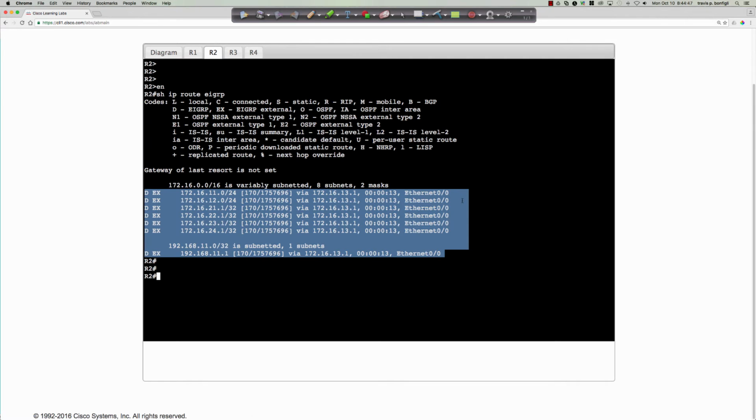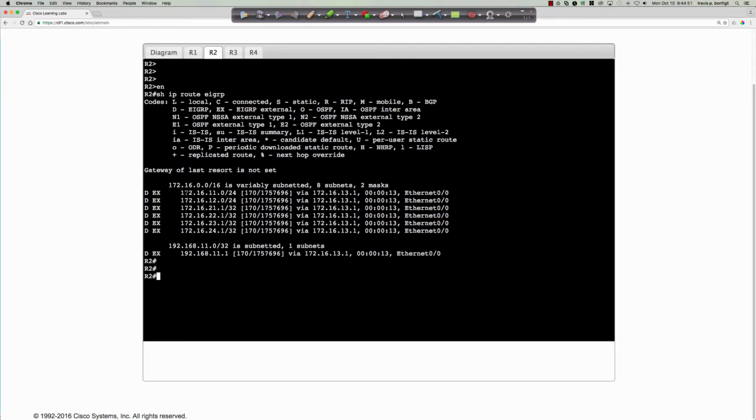Now, the key thing to notice here is that none of these routes come in as OSPF, and none of them have an OSPF metric. That is clearly an EIGRP metric. And again, this is a classic autonomous system mode metric. So this is not the named mode, although we could do redistribution into a named mode process. That is not what you're seeing here.